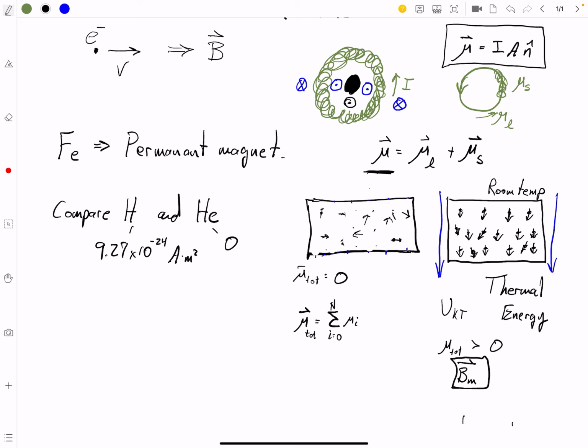Now we've got a gas. This is a gas, and let's say we have our third step. So here's our first step, second step, third step. Our third step is we shut the magnetic field off. And what happens? Well, these guys are all bouncing around together, going this way and that way and everything, and gradually they will go back to random.